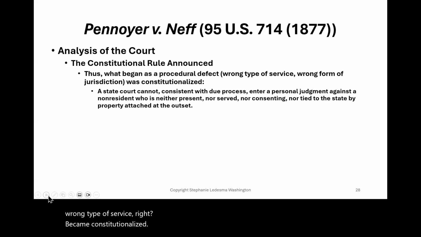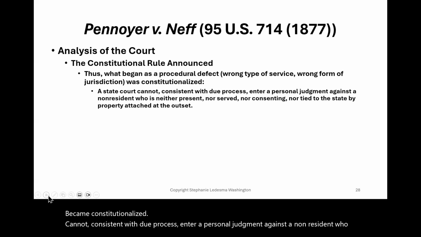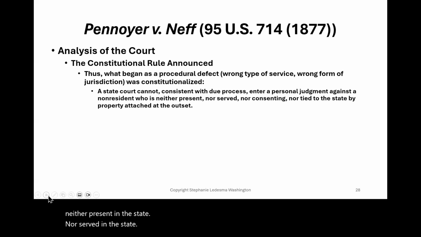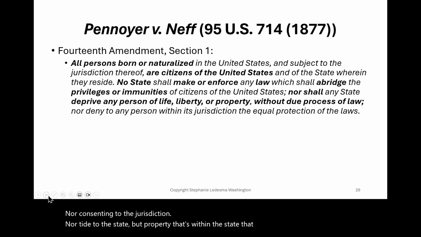A state court cannot, consistent with due process, enter a personal judgment against a non-resident who is neither present in the state, nor served in the state, nor consenting to the jurisdiction, nor tied to the state by property that's within the state that was attached at the onset.